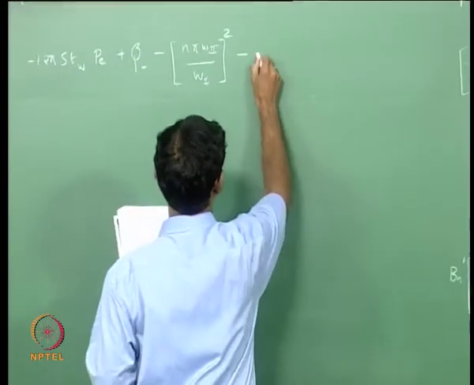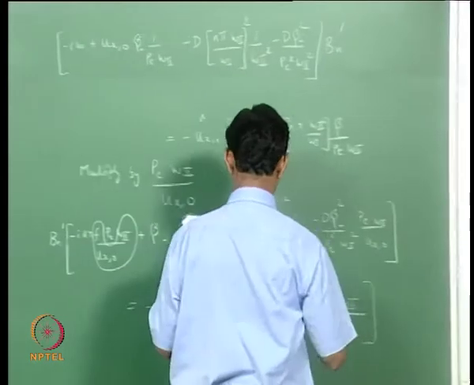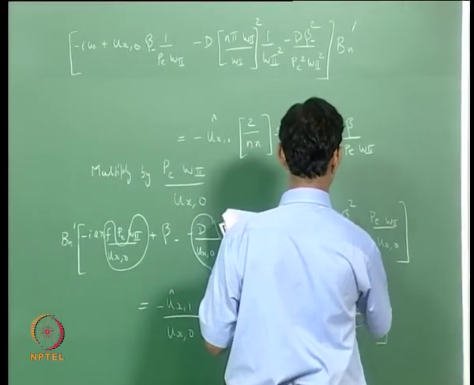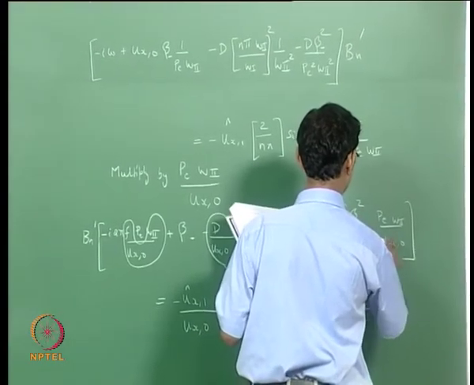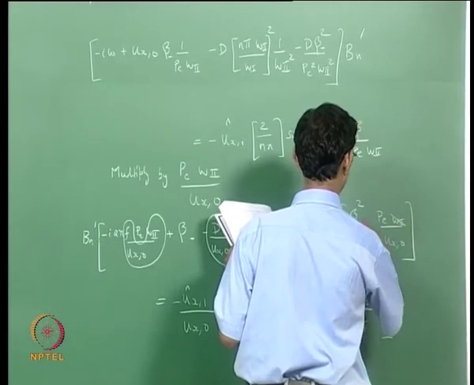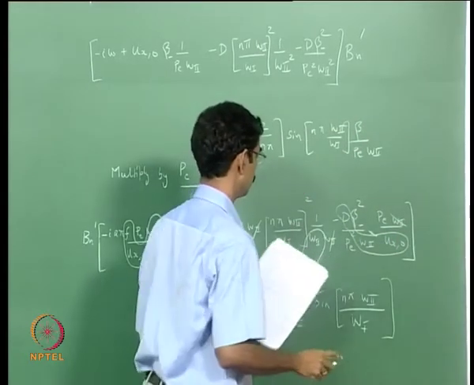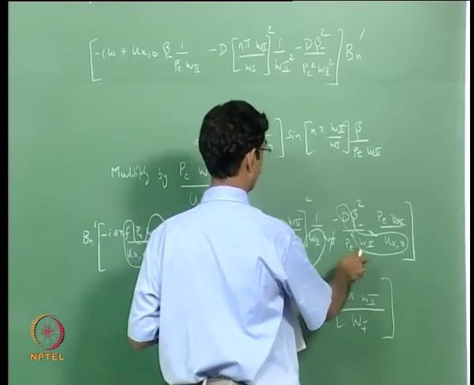We have the beta minus squared, and let us again club terms. So if we take d over, we cancel one of these W2s, and then we have this. What is this? One over Peclet number.